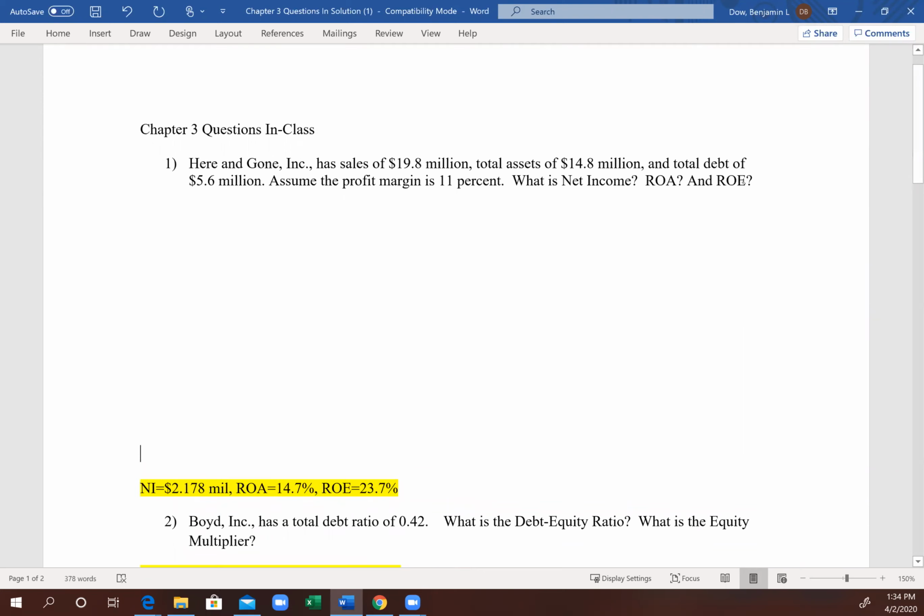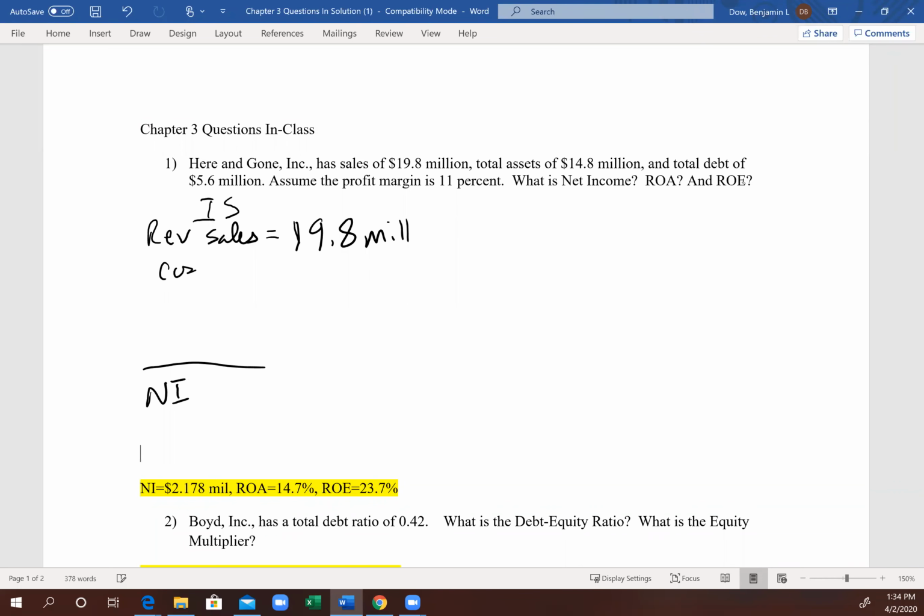All right, so from the income statement, we have revenues or sales at 19.8 million. There'll also be some costs and taxes and interests, and eventually we can figure out net income.